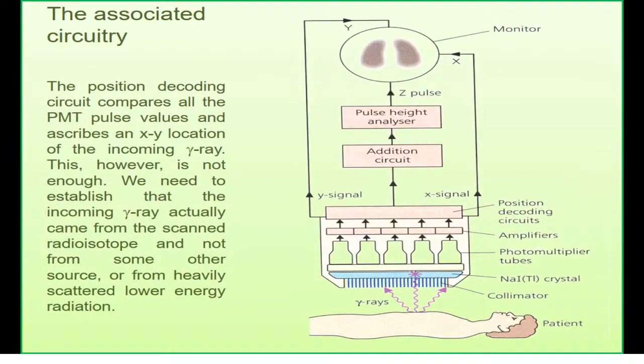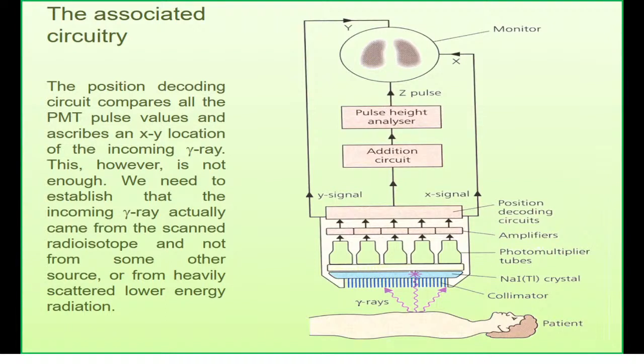The associated position decoding circuit compares all the PMT pulse values and ascribes an XY location to the incoming gamma ray.